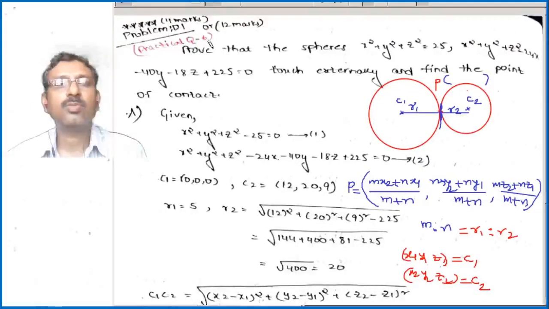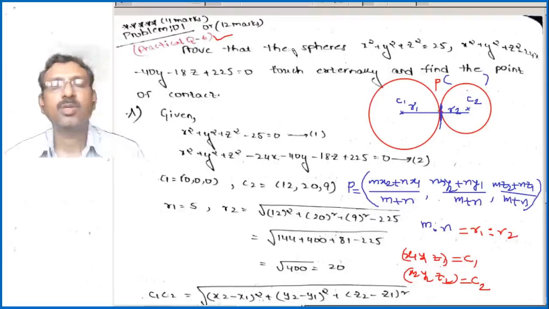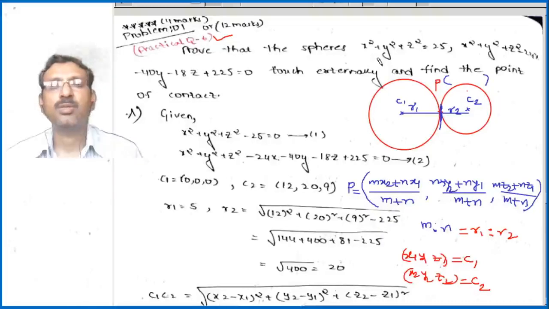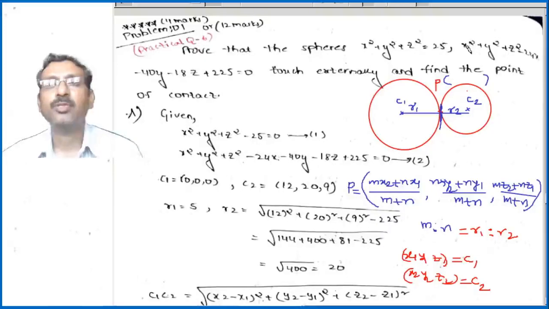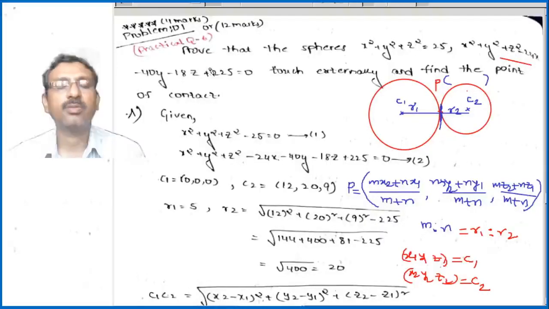Problem number 1, practical question 6. Prove that the spheres x square plus y square plus z square equal to 25 and x square plus y square plus z square minus 24x minus 40y minus 18z plus 225 equal to 0, these two spheres are given, touch externally.